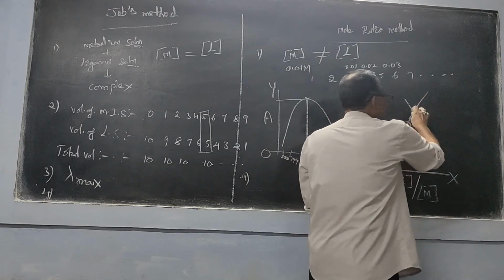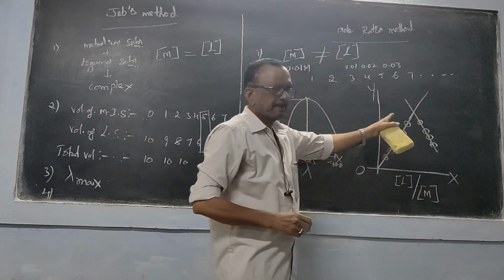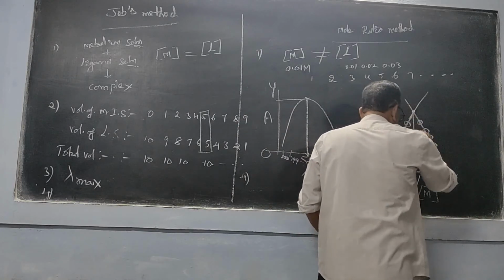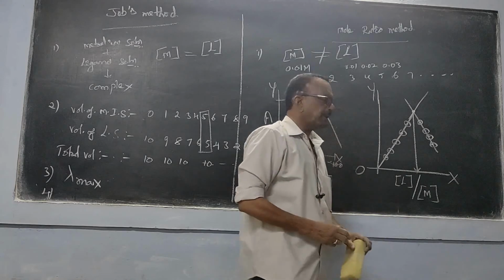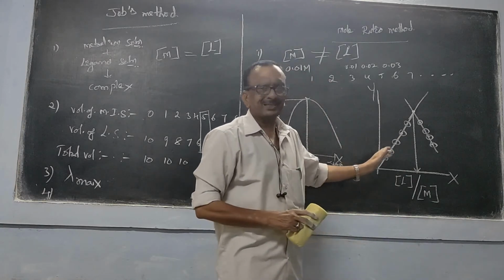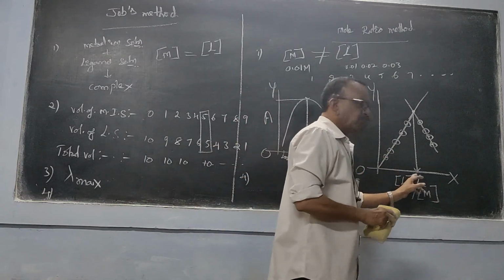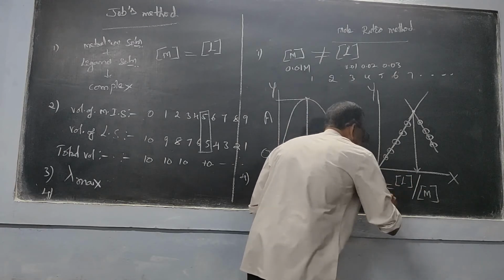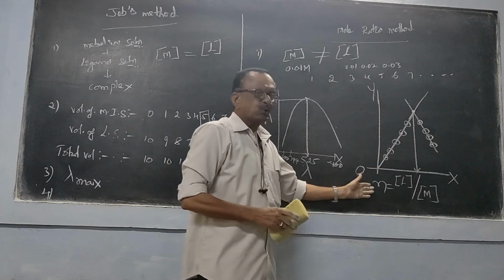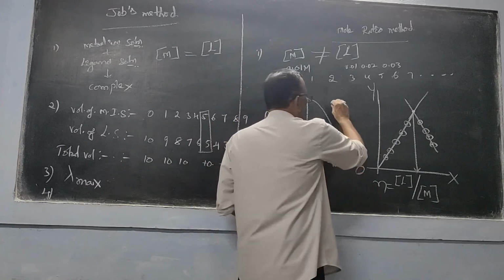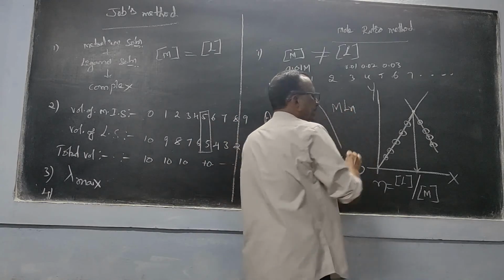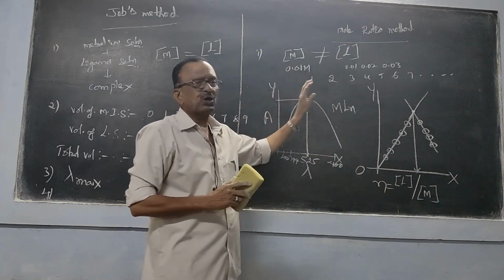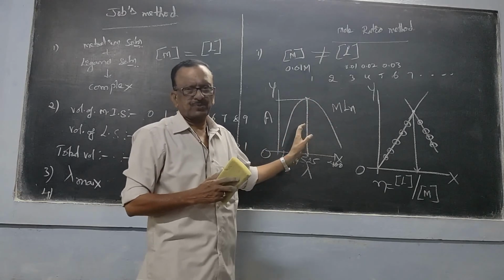Now from this point of intersection, we have to draw a perpendicular line to the x-axis. Then here we are getting this ratio, that is nothing but the direct value, n. If we know the n, we can easily write the molecular formula of that particular complex. Like that, we are determining the composition of a metal complex.